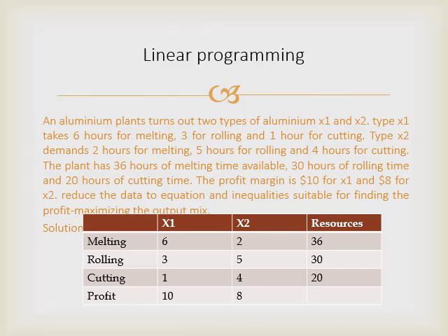Once there are 3 processes of production or 3 stages of production, respectively, there are 3 constraints or 3 restrictions. For example, the first constraint expresses melting. The second expresses rolling, and the third constraint expresses the process of cutting.